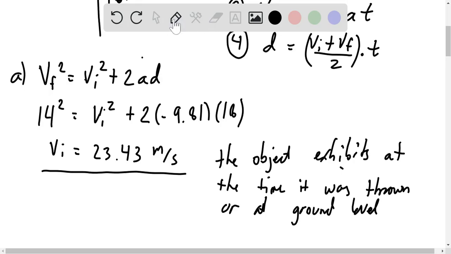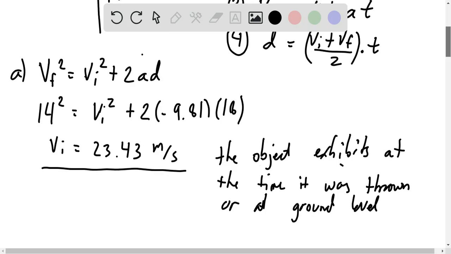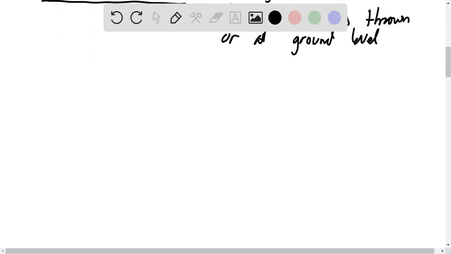And so in the next part of the question, we wish to determine what altitude the object reaches. And when I read this question, I interpret this as the altitude from ground level and not from the height of the window.